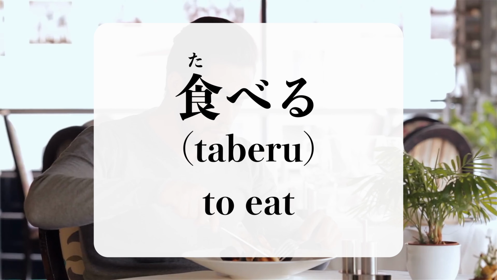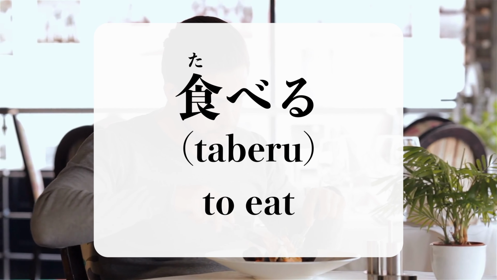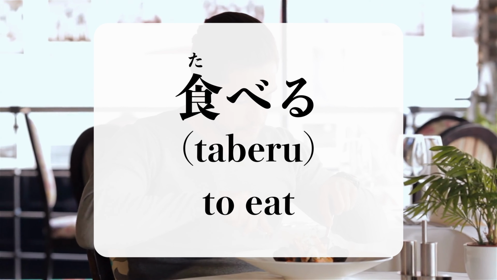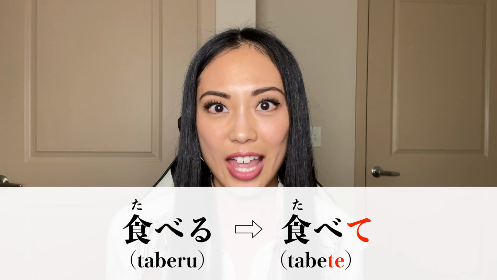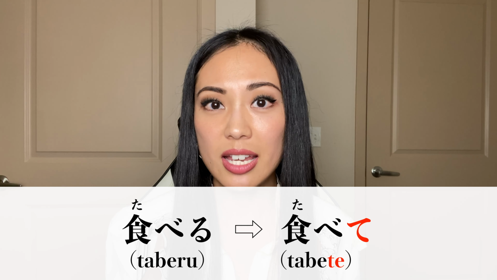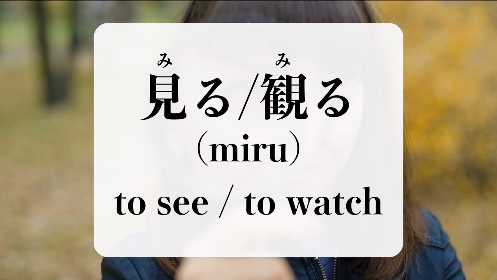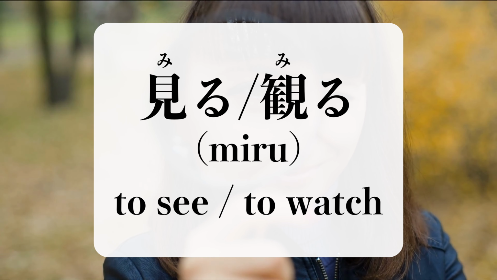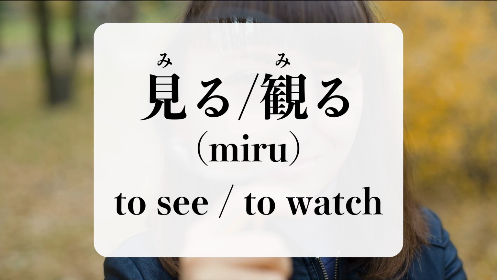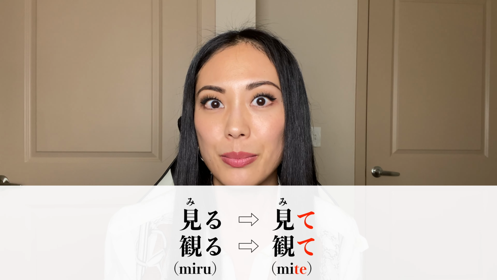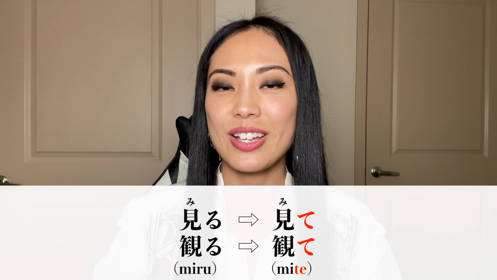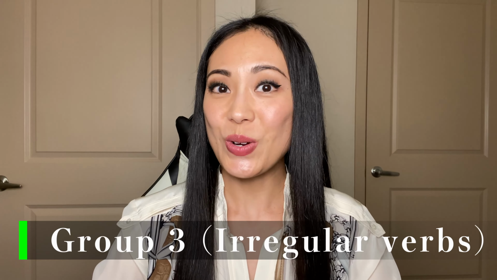For example, 食べる, which means to eat, becomes 食べて. Similarly, 見る, which means to see or to watch, becomes 見て.